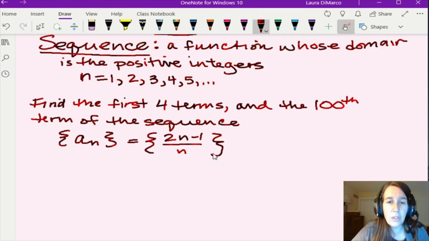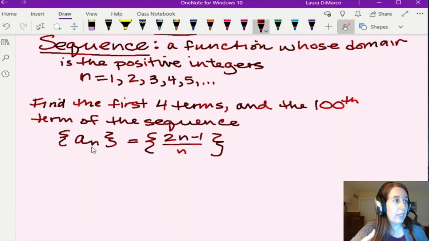So before we actually do the problem, I just wanted to point out a little bit. A sequence is often going to be defined this way. This is called an explicit formula because it really tells us, just in terms of n, which is 1, 2, 3, 4, how to find each number in the sequence explicitly.